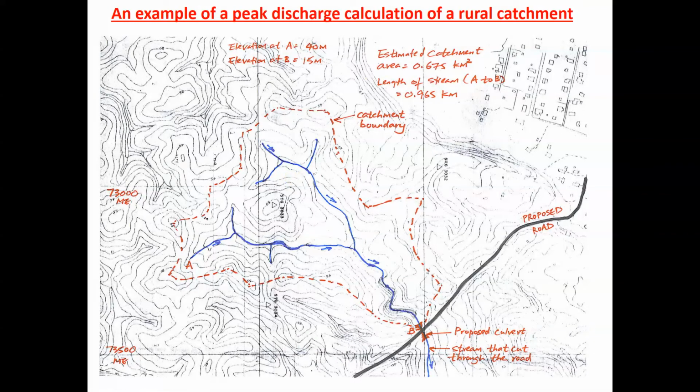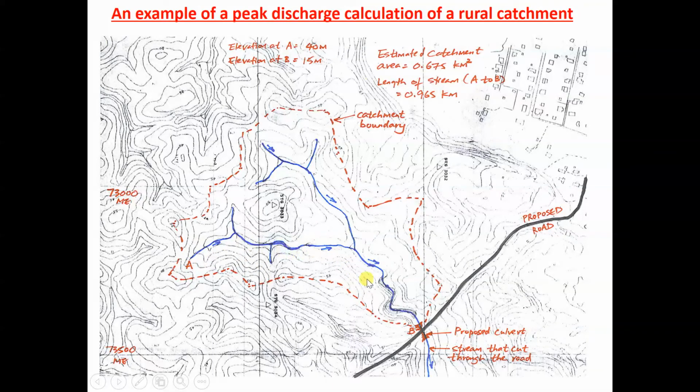In this case, for example, this one is the longest stream. Usually it is the most important stream within the system, where water usually takes the longest time to flow through.